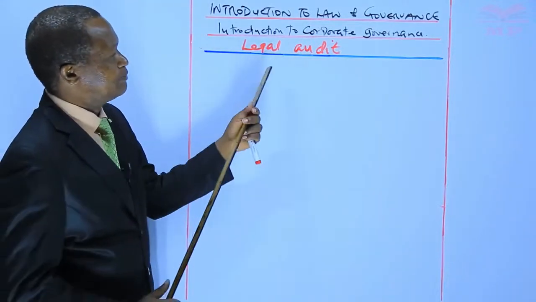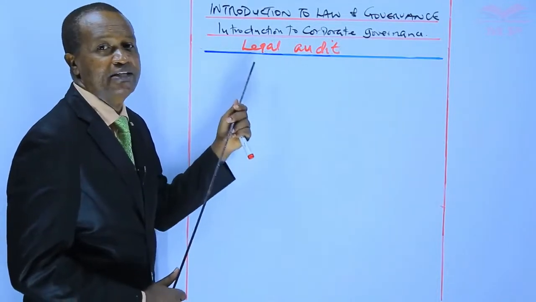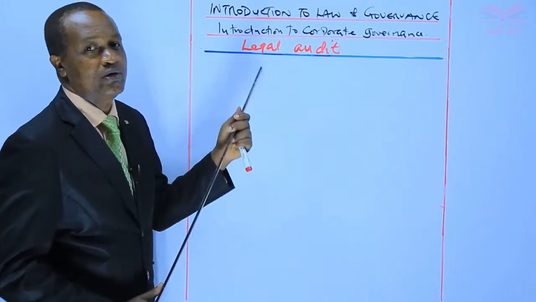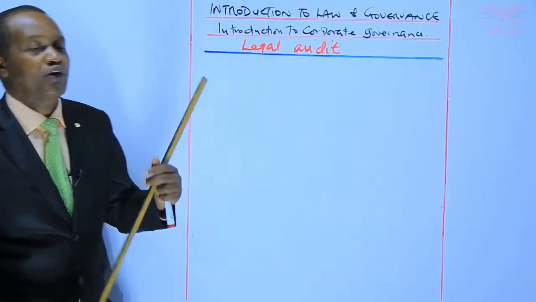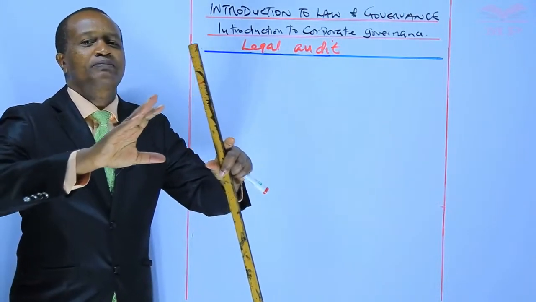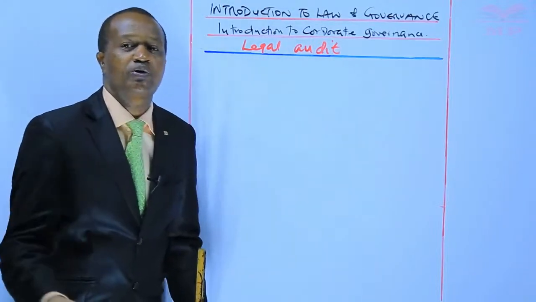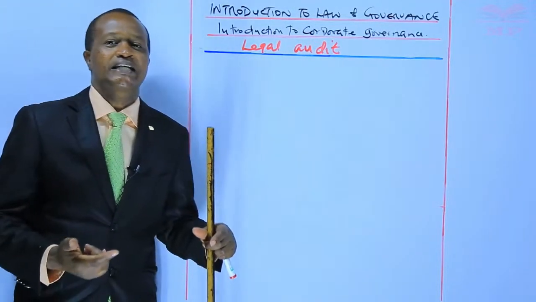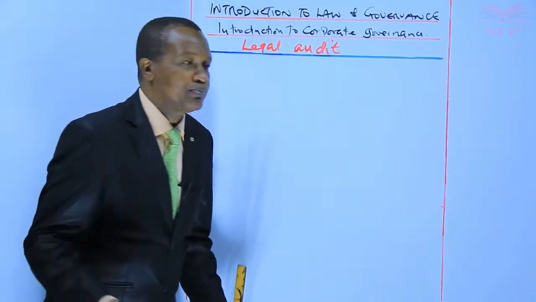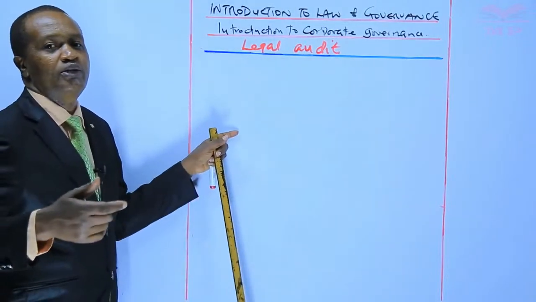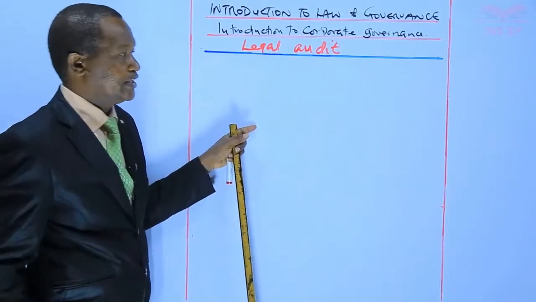So the main purpose of a legal audit is to help the company minimize risks and potential legal liabilities. It focuses on subjects like the form of business organization, the review of taxation law compliance, a review of intellectual property issues, use of internet, the human resources, among other areas.